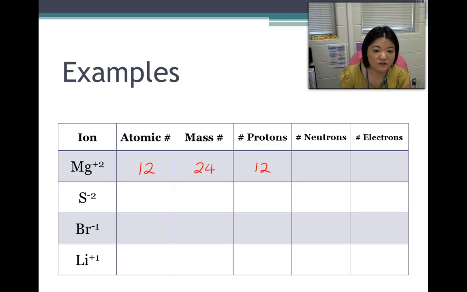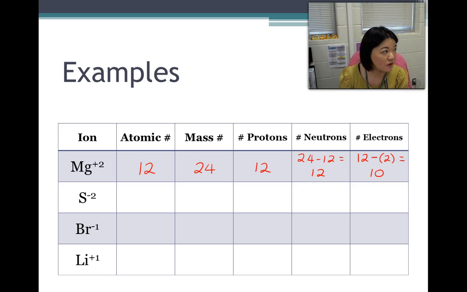The number of neutrons, same as before, 24 minus 12, and that will give us 12. Now the number of electrons is what's going to change. We are going to take the atomic number, which is 12, and subtract the charge. The charge is positive 2. 12 minus 2 is 10, so we have 10 electrons.